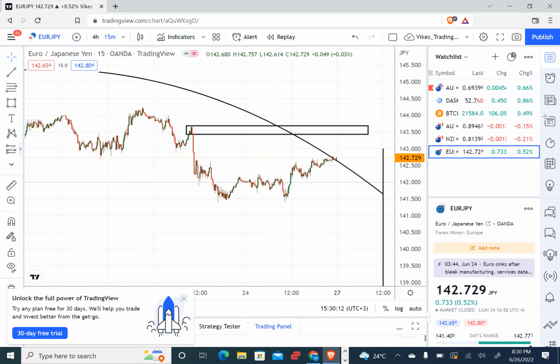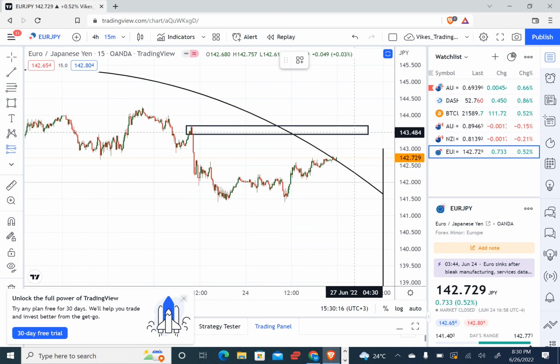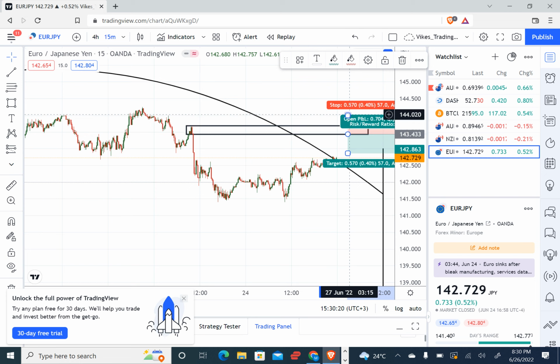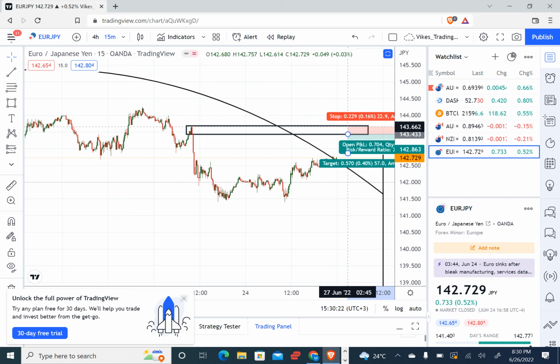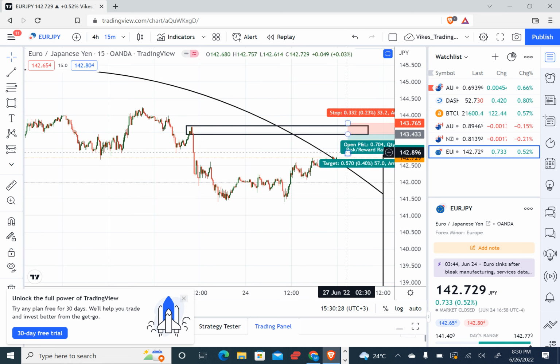So targets. Scenario one, I will scale into that trade right there. My stop loss is a few pips above my OB. Then my first target will be obviously the recent low.